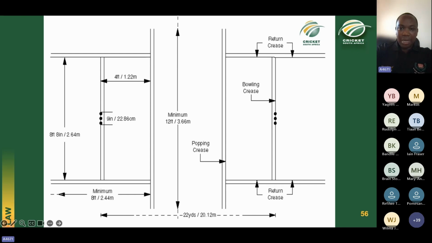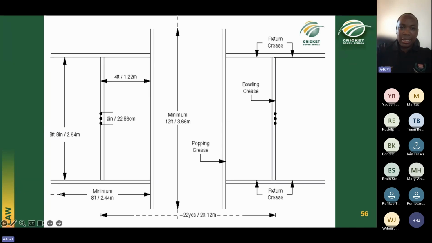So if we come a little bit lower from the return crease, we get to learn that the line that the stumps are pitched on is known as the bowling crease, and the bowling crease runs from the inside edge of the one return crease to the inside edge of the other return crease, a measurement of 2.64 meters.